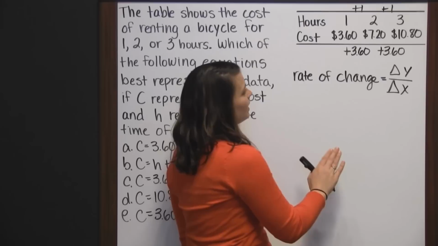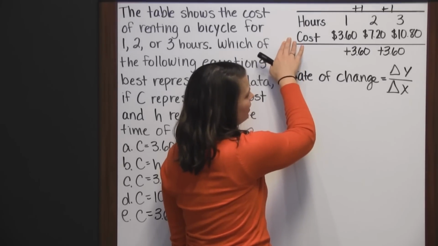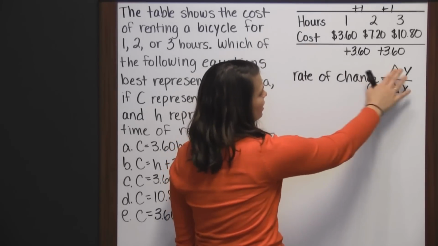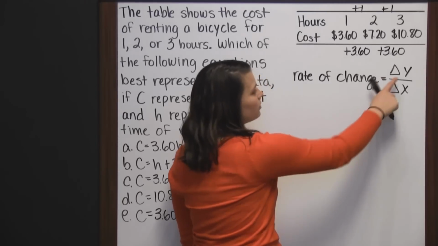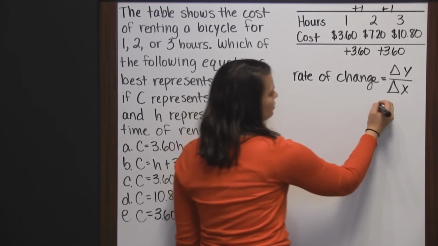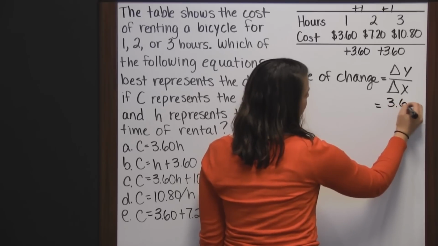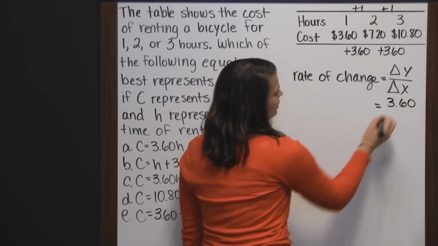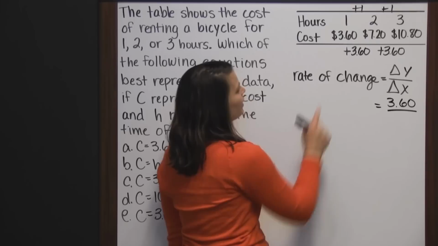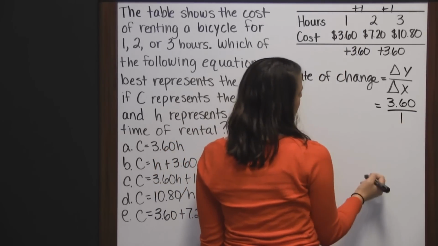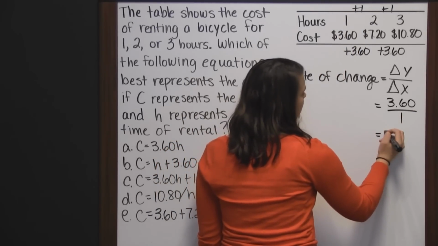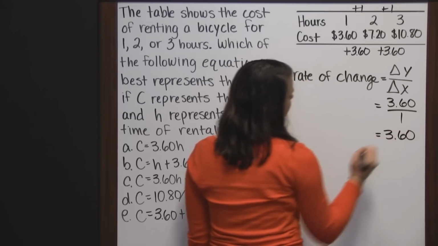We've already established that our cost is dependent, therefore our cost is our Y. We've already found the change in Y, it's $3.60, divided by the change in X, 1. So our rate of change is simply $3.60.